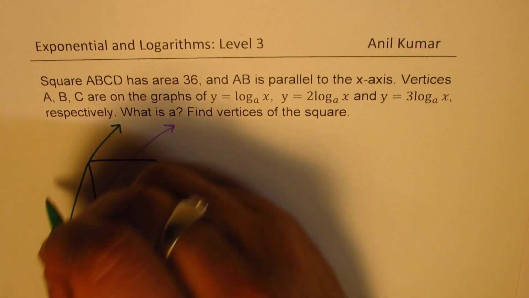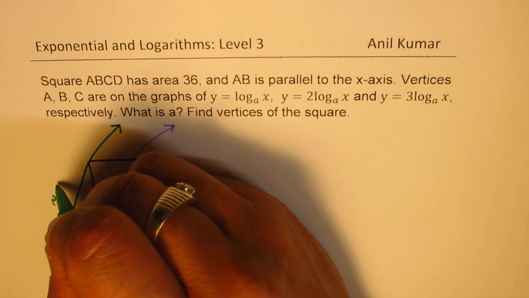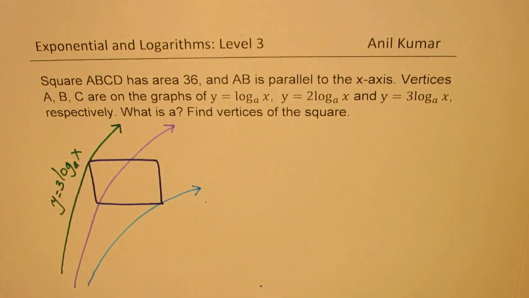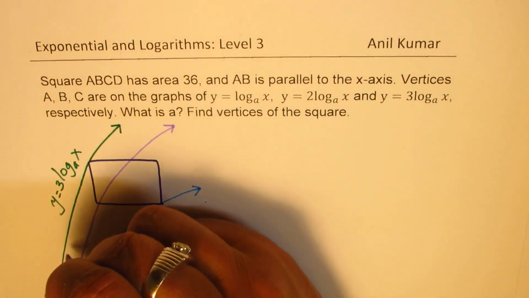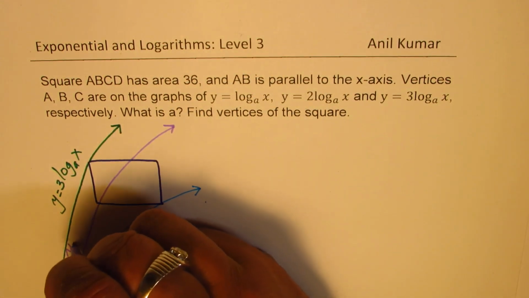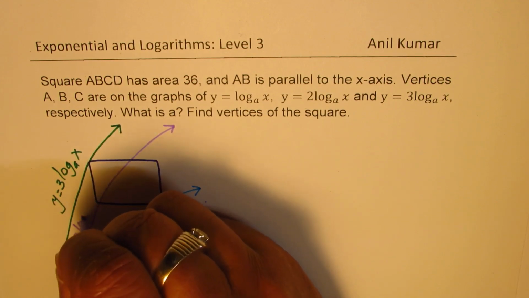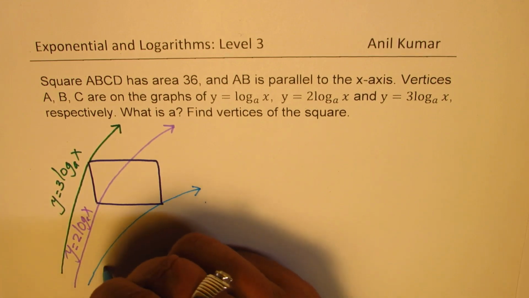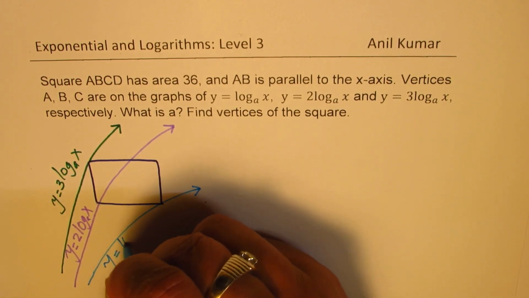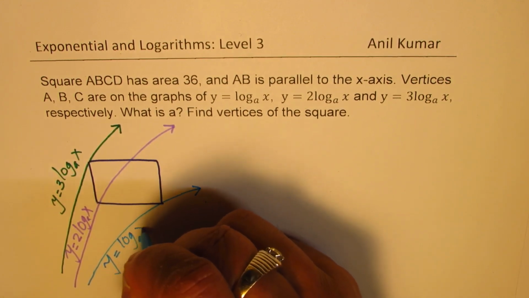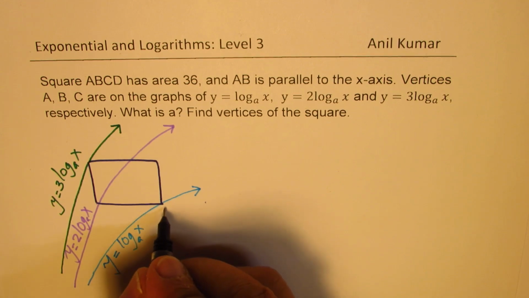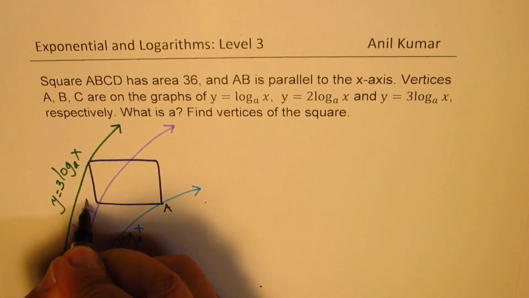So this is the graph of y equals 3 log to the base a of x. Here we have the graph of y equals 2 log to the base a of x, and the basic function here is y equals log to the base a of x, correct? So we need to find the points. The points were given as A, B, and C.